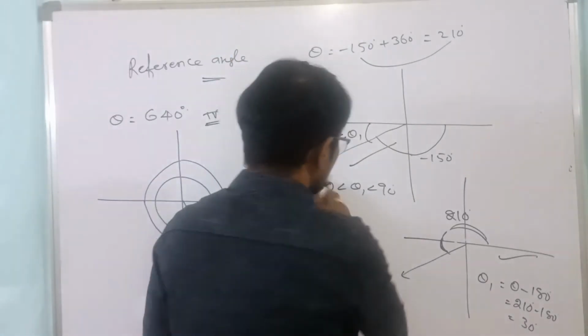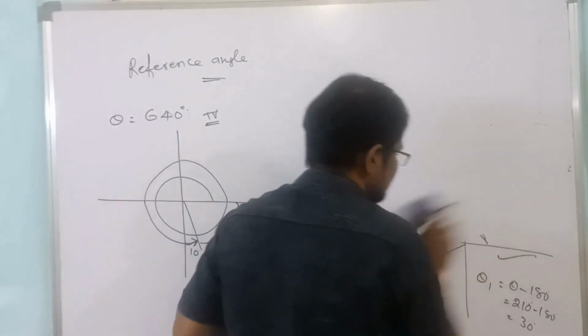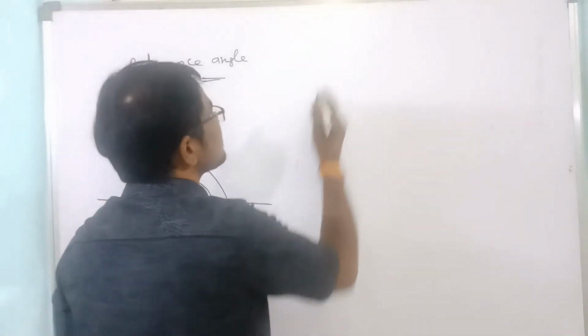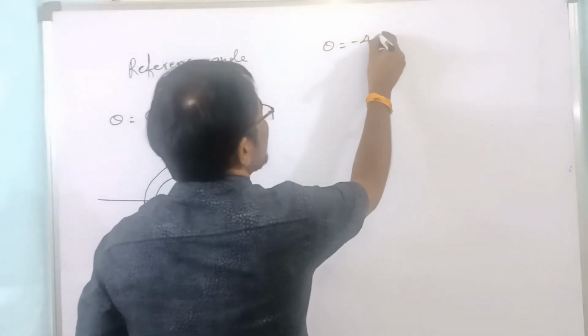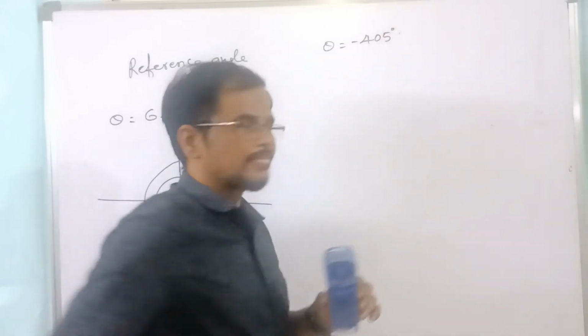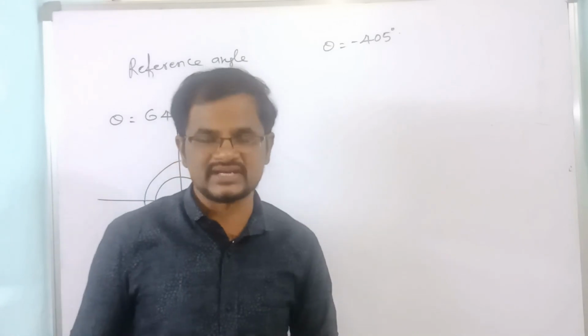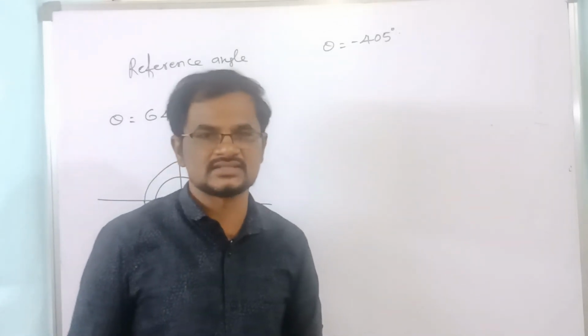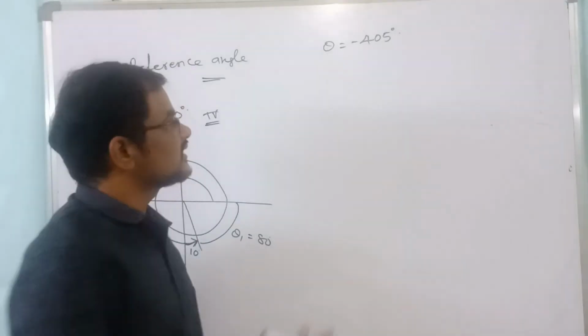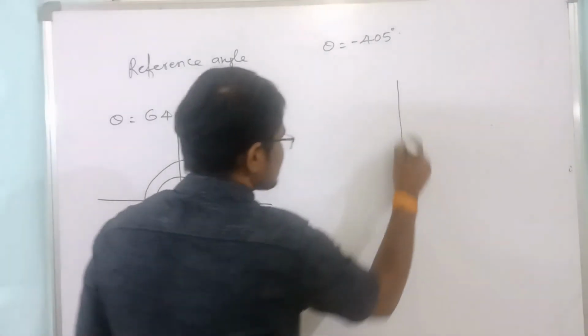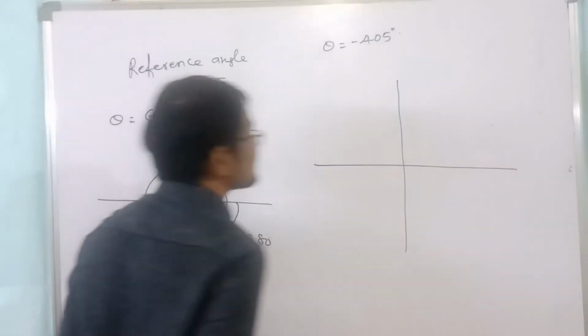So take one more example, that is, suppose theta equal to minus 405 degrees. How to find the reference angle for this minus 405 degrees? See here, you take this 405 degrees.